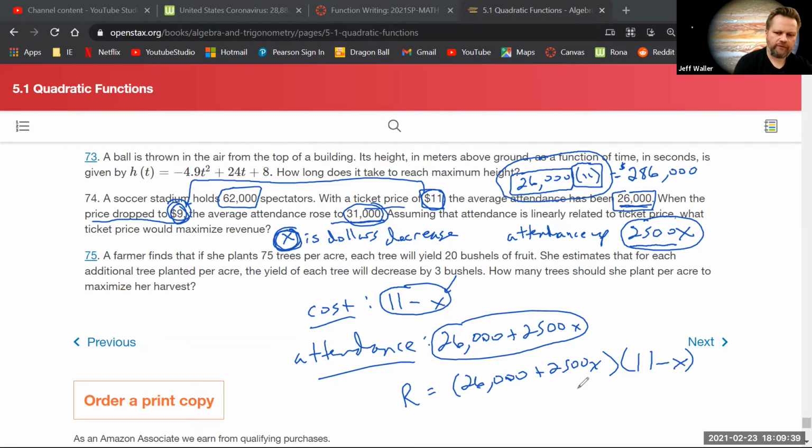And of course, once I FOIL this out, what kind of function will this be? Quadratic. And then you can find the vertex and it will be opening down, because the x squared piece will be negative. So there will be a maximum. There will be a sweet spot revenue.